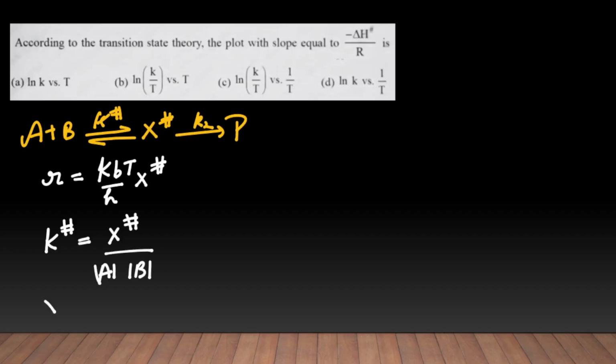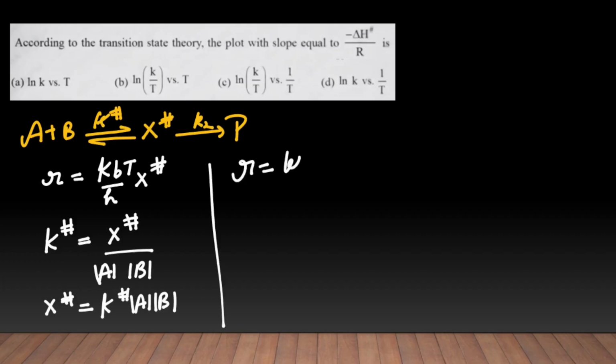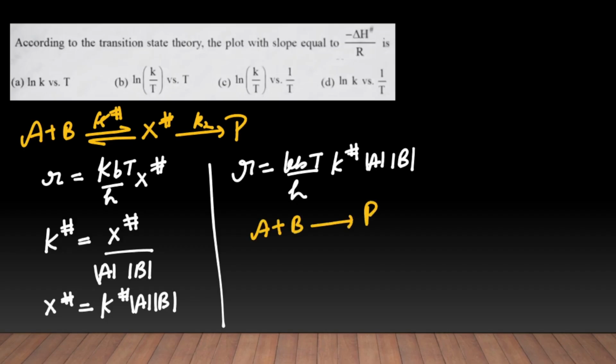Substitute this, the X dash value you can find from here, which is K dash into A into B. Now this X dash value you can substitute into the rate expression. We get the rate as kBT by h into K dash into A into B, right? This is the equation. So the reaction that is taking place is A plus B giving you the product P only.